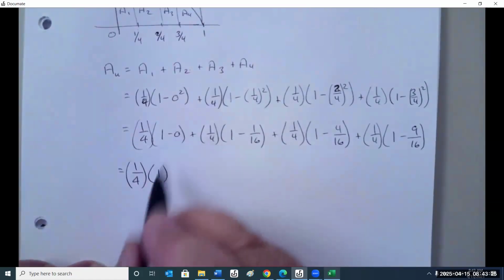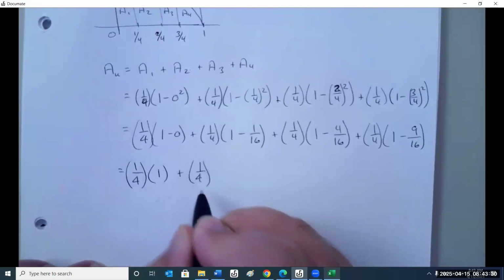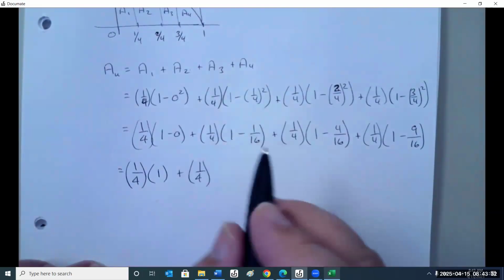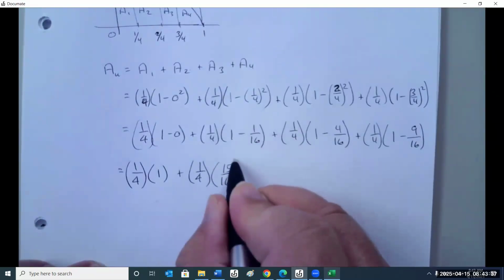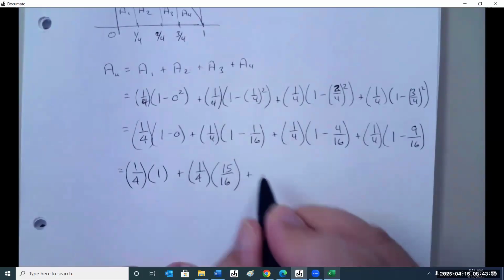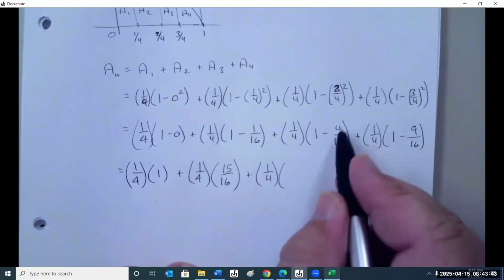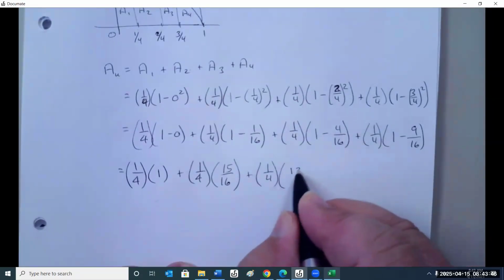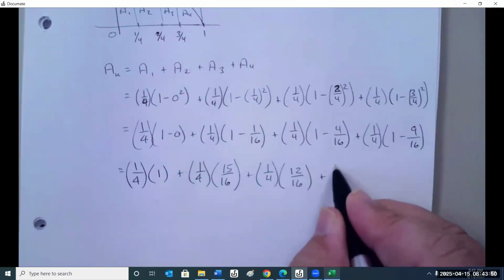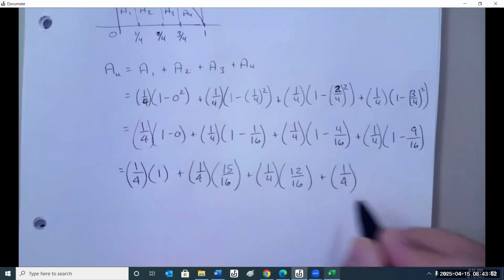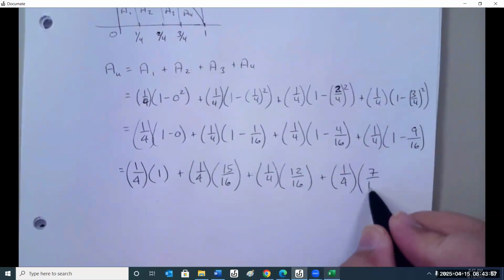So the first one is 1 minus 0, which is 1. 1 minus 1/16: 16/16 minus 1/16 is 15/16. Then 1 minus 4/16 is 12/16. 1 minus 9/16 is 7/16.